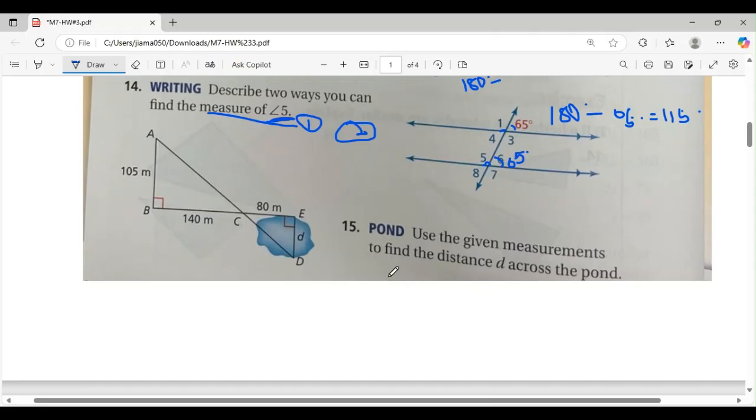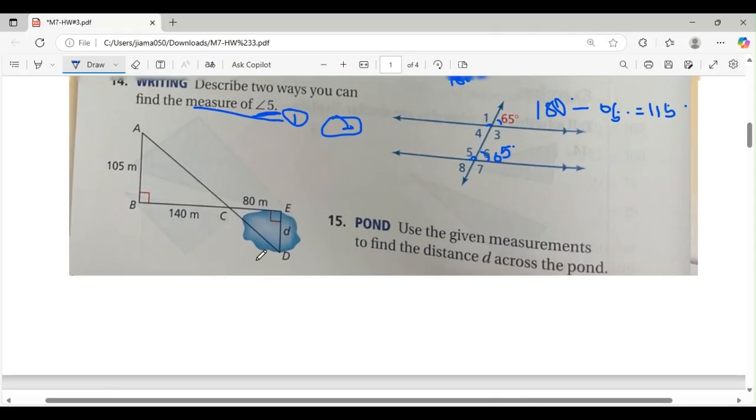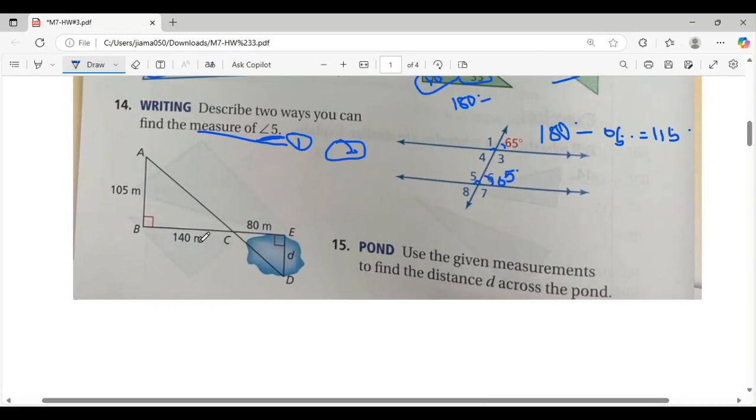Okay, let's see question 15. We can find that BC and AB, we know the specific value of them. So let's write down.